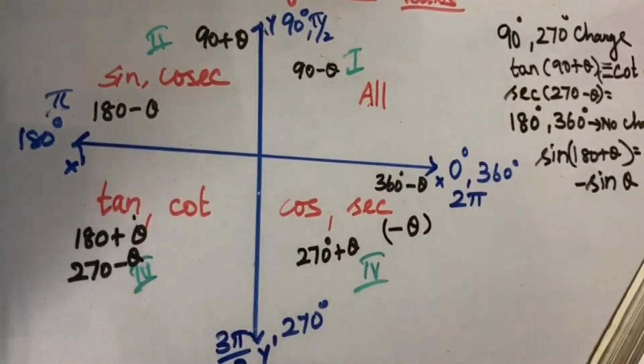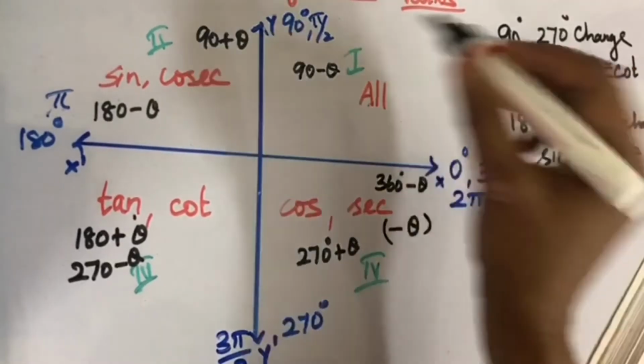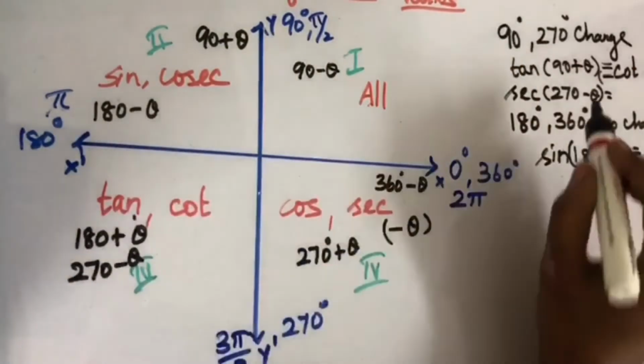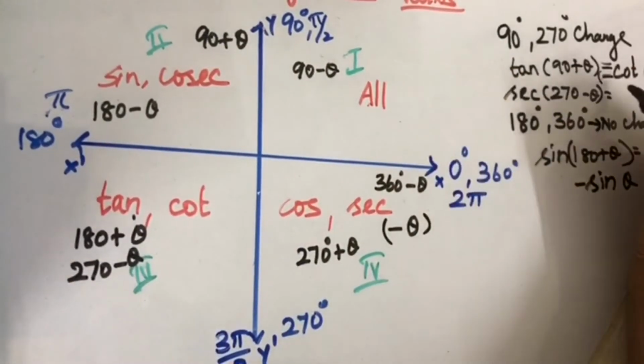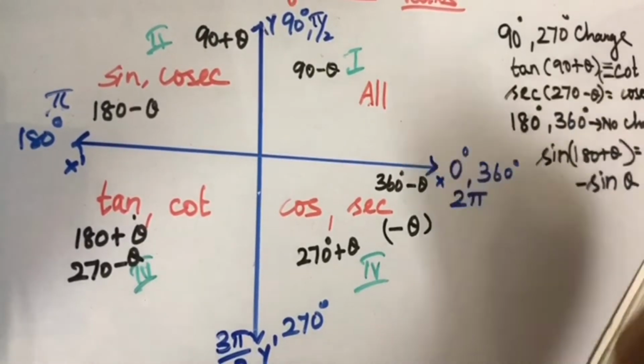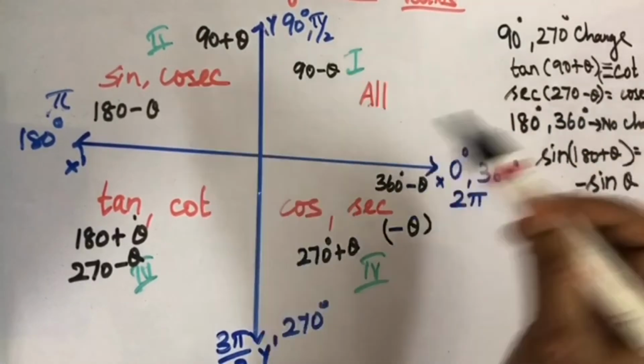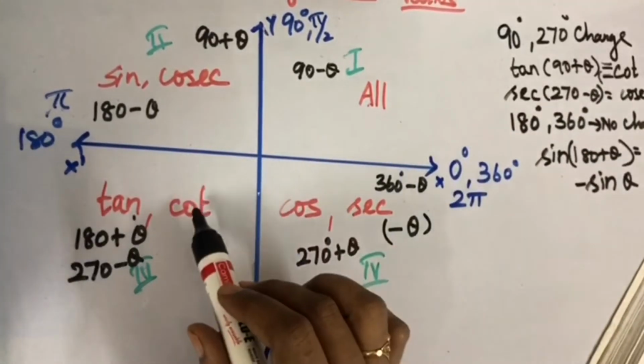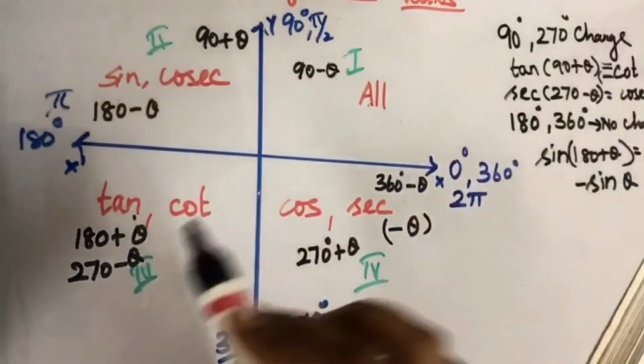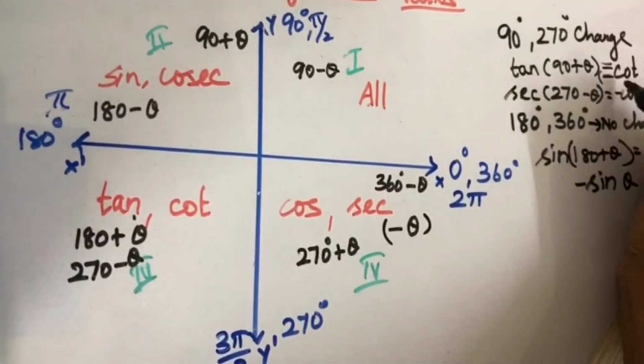Okay, so secant 270 minus theta, the ratio changes for 90 and 270. So secant will change to cosecant theta. In which quadrant does it occur? 270 minus theta lies in the third quadrant. In the third quadrant cosecant is negative, so it is minus cosecant theta.